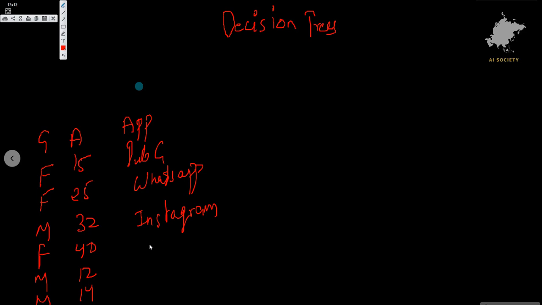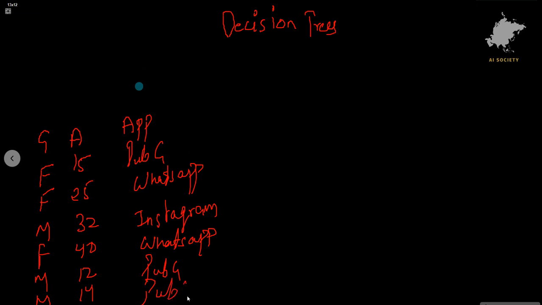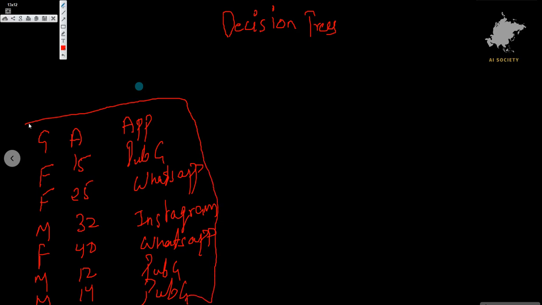And again, the female at 40 years of age downloaded WhatsApp. When the male is 12 years of age, he downloaded PUBG, and again the male at 14 years of age downloaded PUBG. So this is the whole data set we have to work on to make the recommendation system.